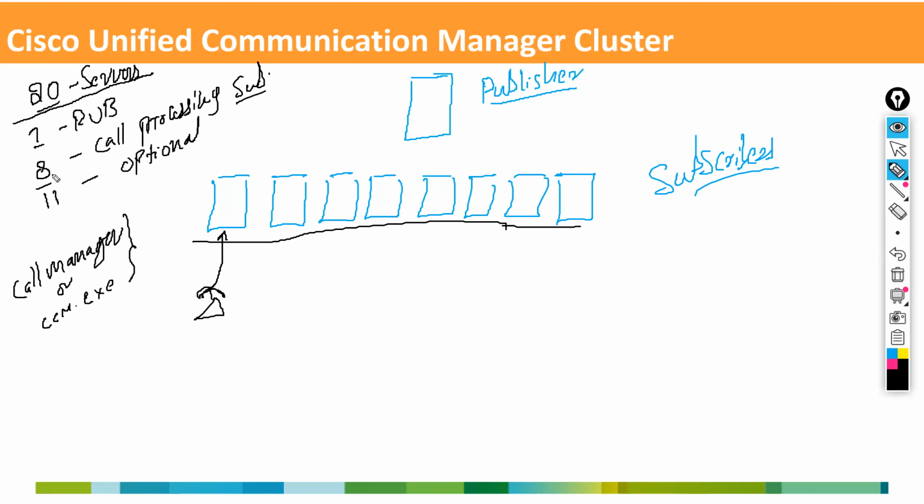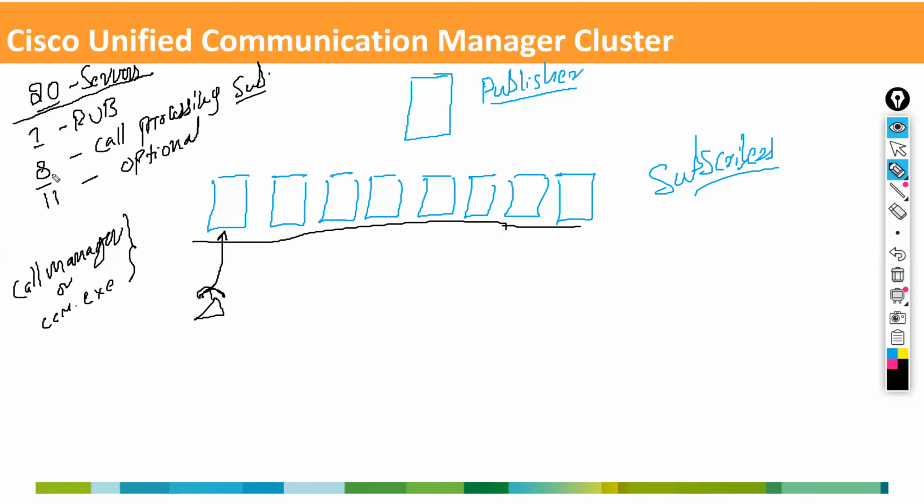There is no condition about which server you have to activate. Out of 19, you can take any server and activate it. Out of 18, any server you can activate. There is no rule that the second, third, fourth should act as a call processing server. No. By default, the very first server is the publisher, and after that all are subscribers.